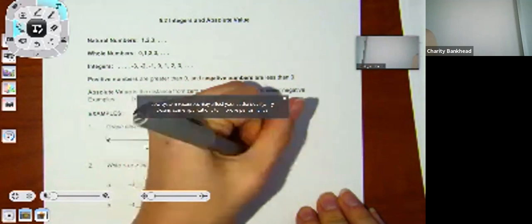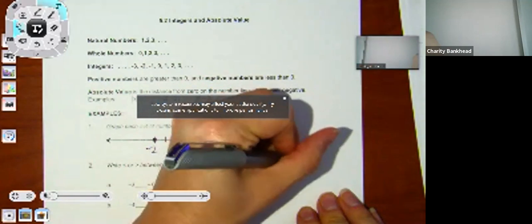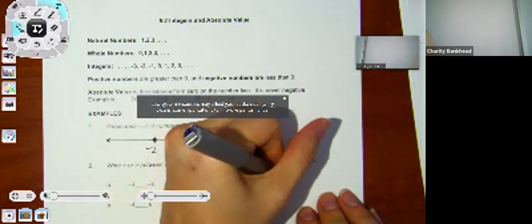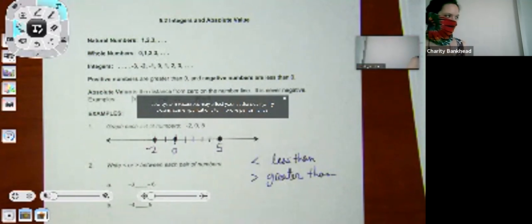All right. Write less than or greater than between each pair of numbers. All right, so that symbol means less than. And that symbol means greater than. Okay, and when you're doing it like this, it's kind of easy to think of, when I was a kid, I remember they said it's an alligator that eats the bigger number, right?